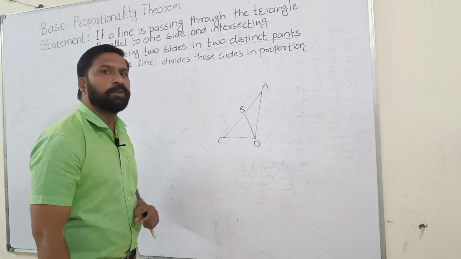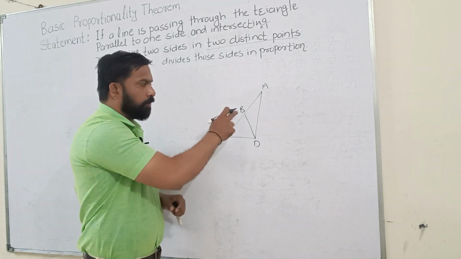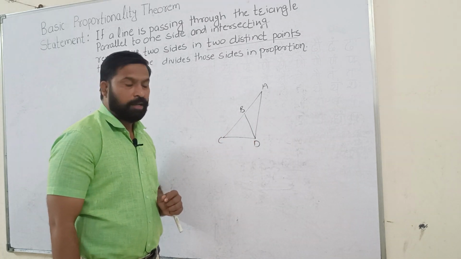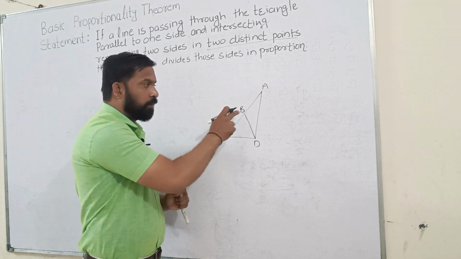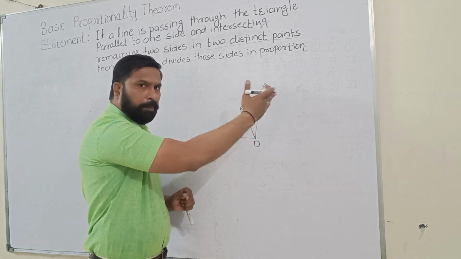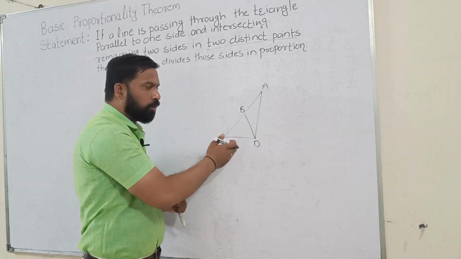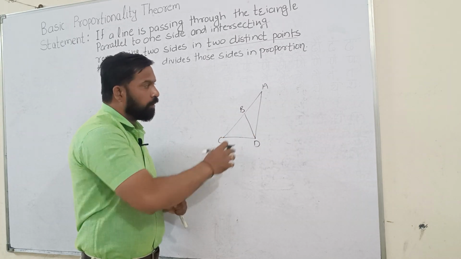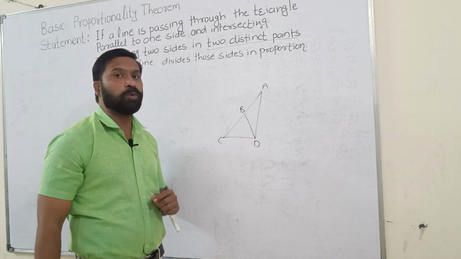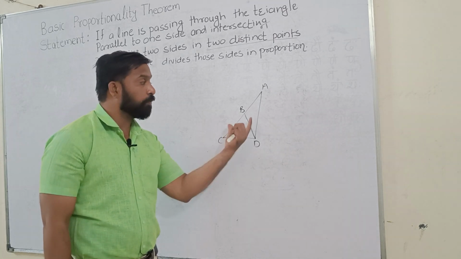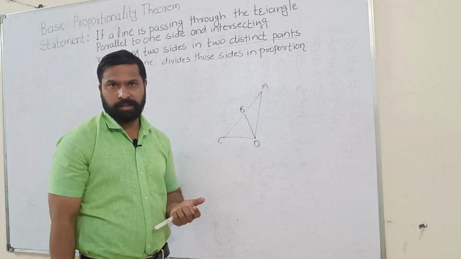What is common between them? One is B, and the other vertices are common. As per B, what will be the base of the upper triangle? AD. And as per B, what will be the base of the lower triangle? CD. AD and CD, are they collinear? No, they are not collinear, so we must have different heights, right?